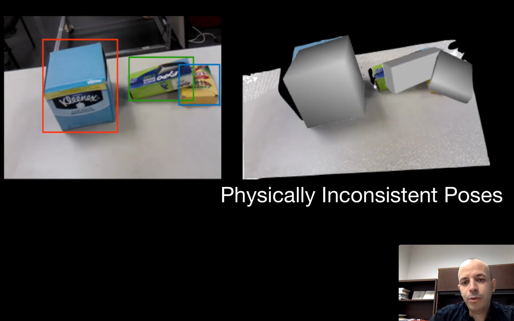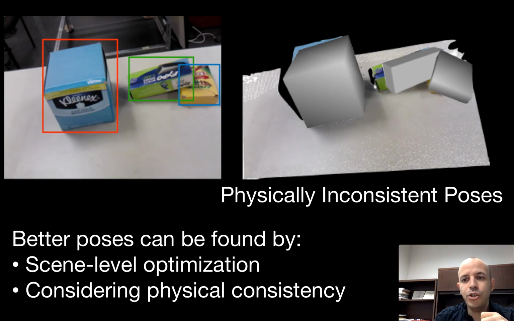One thing we noticed with the output that we get from this method is that the objects are not necessarily physically correct. They are not physically consistent. So basically you may end up with boxes that are unstable, where the object is going to fall, or maybe you have objects that are colliding with each other. They are going inside each other. So you need to have scene level reasoning.